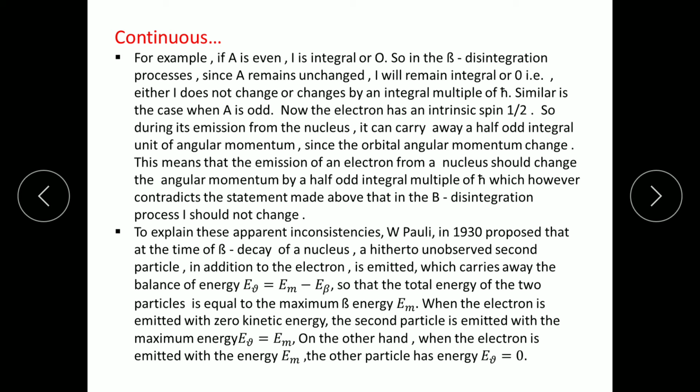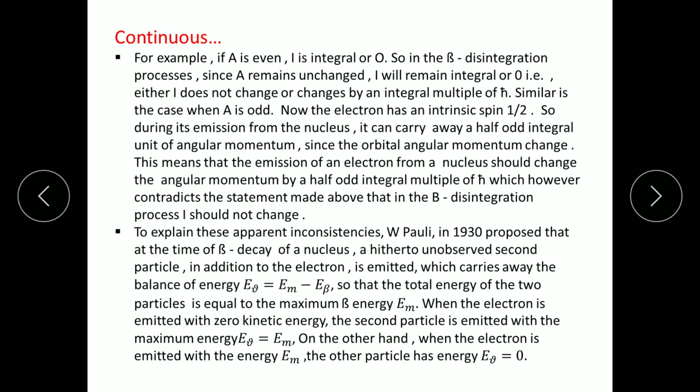If A is even, I is integral or 0. In the beta disintegration process, as we discussed earlier, A remains unchanged, and only the neutron and proton numbers change. Means there should be I also remaining unchanged. But what happens when there is emission of the electron from the nucleus?